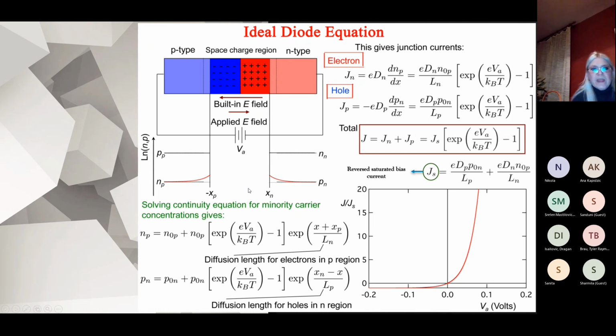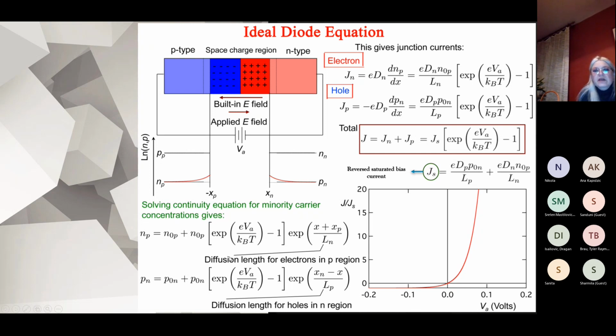It doesn't matter. So the whole ideal diode equation is quite complicated. That's why, for this time, I'm just going to show you a couple of the last equations, from solving the continuity equation for minority carriers. Here the concentration of the electrons in the p-type region can be expressed like this. This will be the applied voltage here, and here the coordinate x and xp.